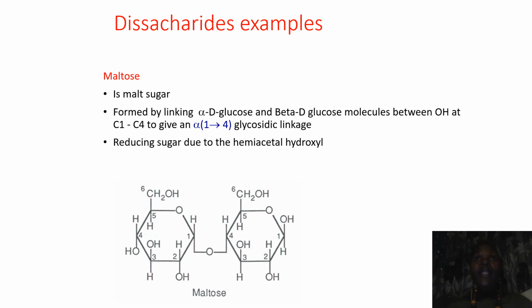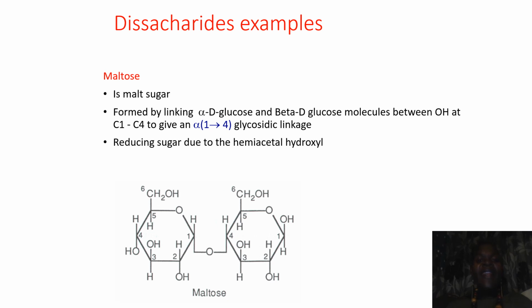The second monosaccharide component is a beta-D-glucose. Now, we are talking about specific monosaccharide components for each of those disaccharides we are going to discuss. So if I talk about beta, you can see the OH is above at carbon atom number 1 because carbon atom number 1 was the carbon which was determining whether it's alpha or beta.